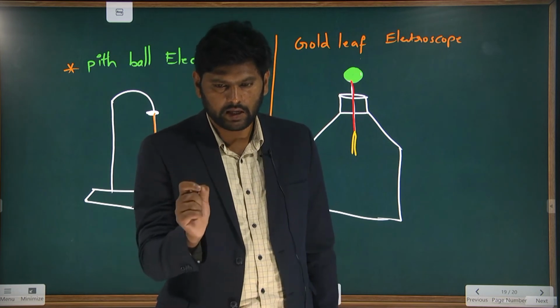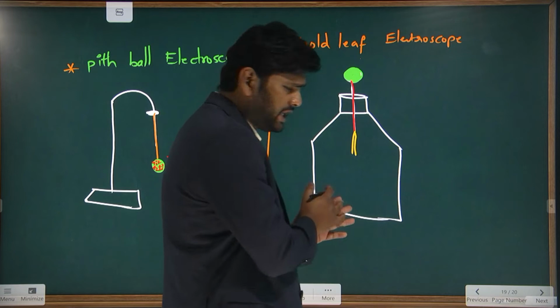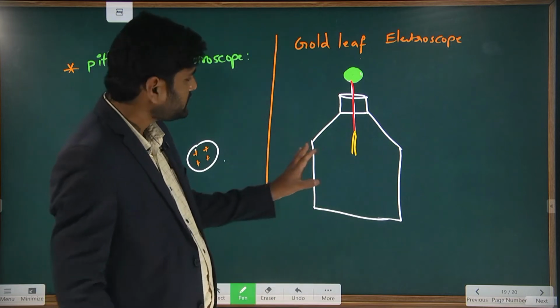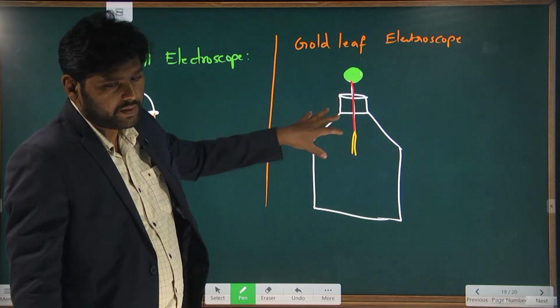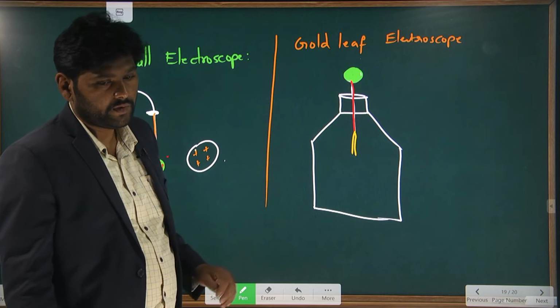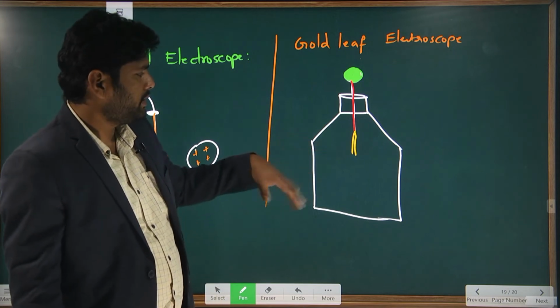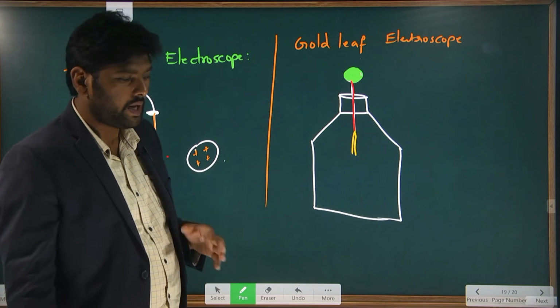This is the structure actually. These gold leaves are present in the vacuum chamber, in a glass container, because to see what is happening inside, we must use a glass jar here.